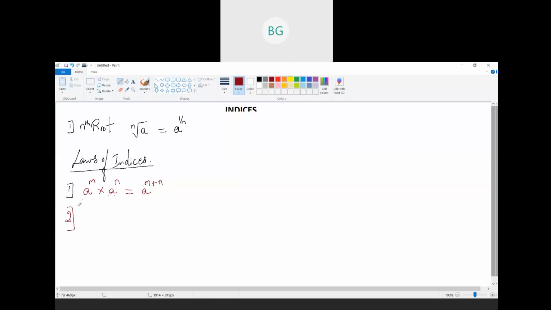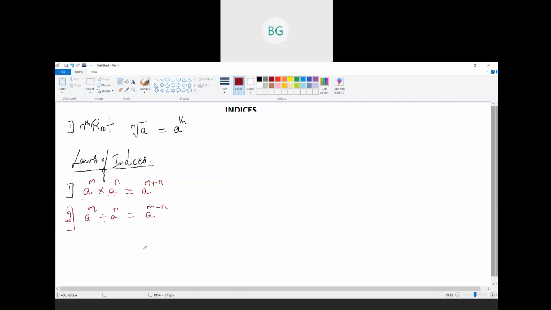The second law states, instead of multiplication, what if we have division? That is, if I have a raised to m divided by a raised to n. Whenever we have the same bases and we are dividing, we have to subtract the powers. So this will be a to the power m minus n.